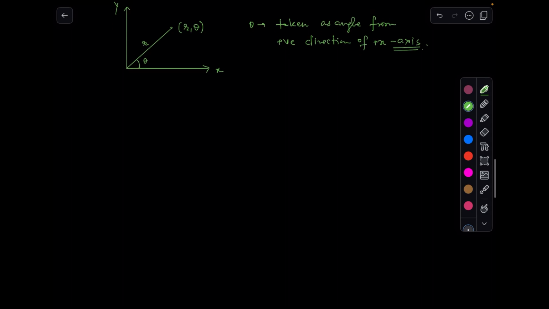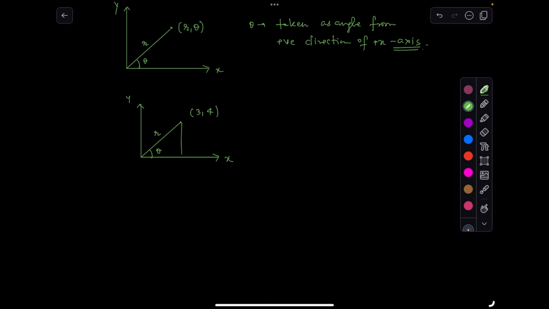So for example, we can have a point whose Cartesian coordinate is 3, 4. But if you want to write its polar coordinate, then we have to specify its distance from the origin, that is r, and the angle that the line makes with the positive direction of the x-axis, that is theta.